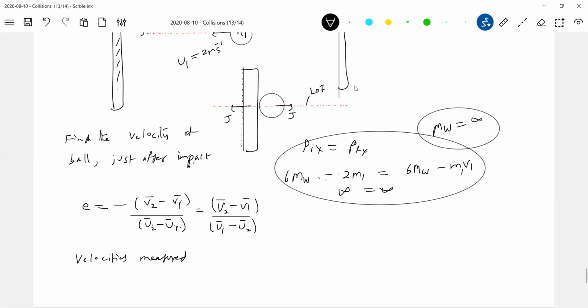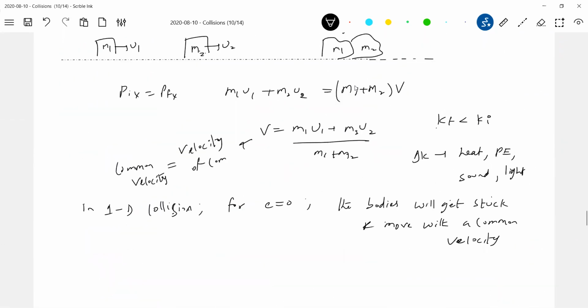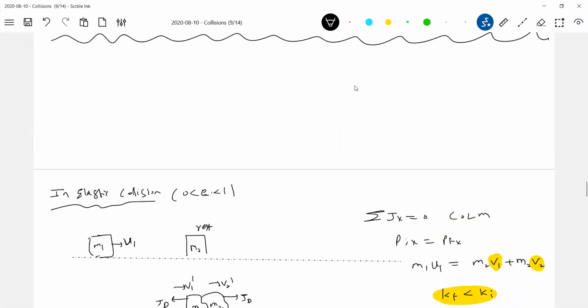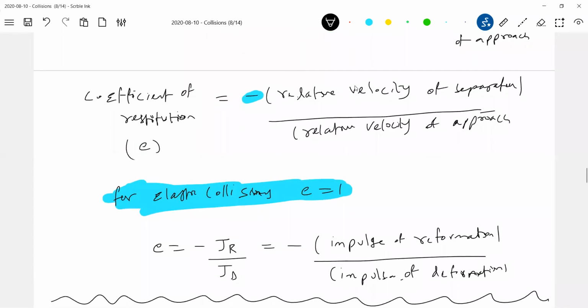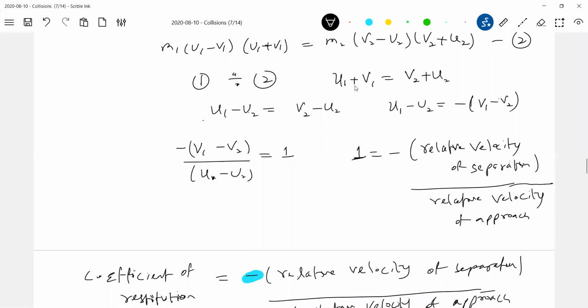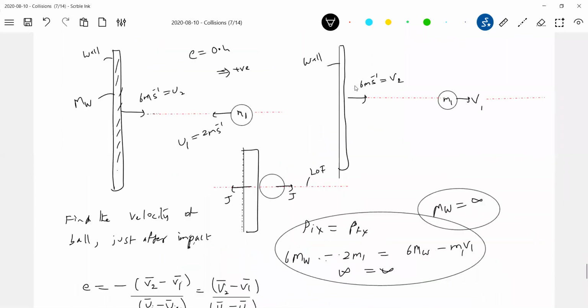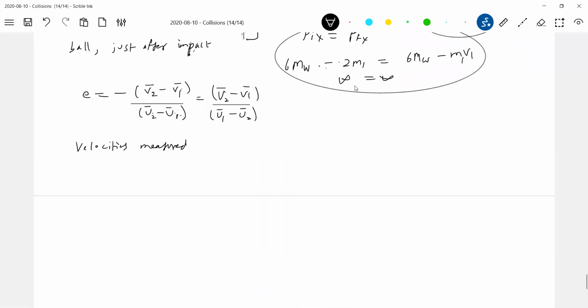We have defined it as the relative velocity of separation to the relative velocity of approach. The negative sign should come if you write V1 minus V2 over U1 minus U2, or change it to V2 minus V1 and the negative sign gets eliminated. So let me take out the negative sign because in numericals we tend to forget it in exams. So V2 minus V1 over U1 minus U2. I think from the definition we started like this. Is that okay?